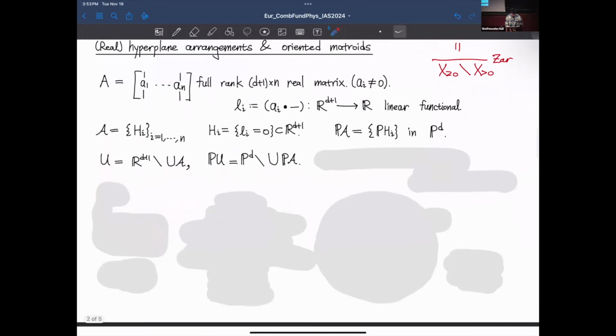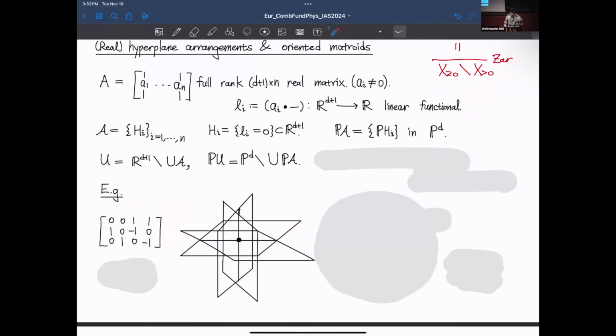And to stay on the same page, let me do one example. So let's say those were my 4 columns. So I should have 4 hyperplanes in 3-dimensional space. And here's the picture. And once again, this is probably one of the pictures that only makes sense to the one who drew it. Frankly, it doesn't even quite make sense to me now. So the better way to keep track of this is to pick one additional vector to designate as a hyperplane at infinity in the projectivized picture.